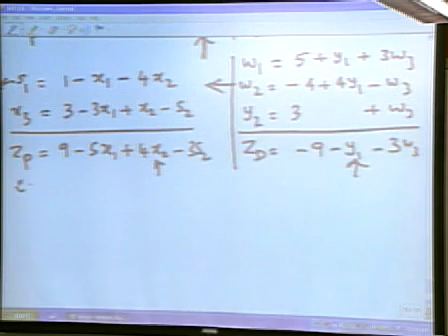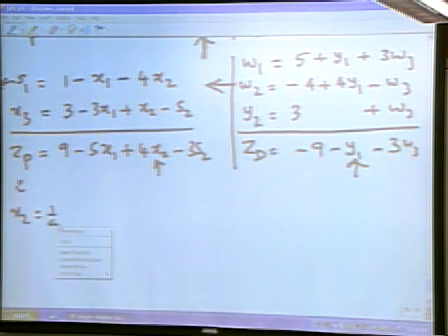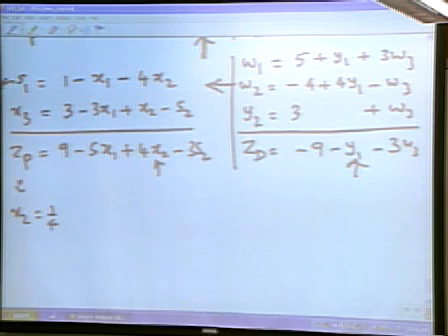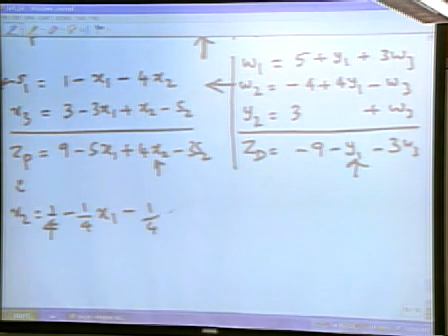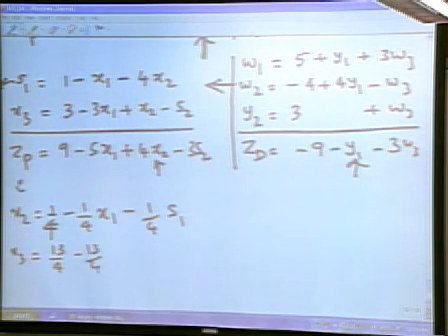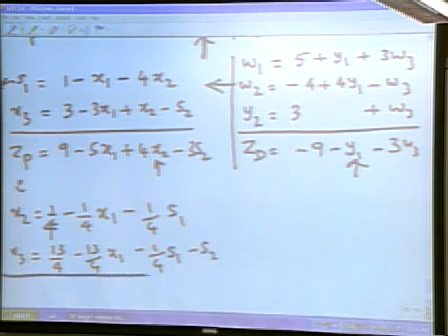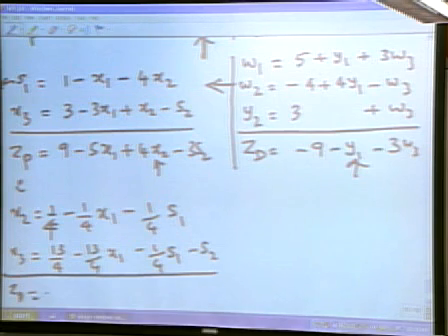From here you end up with x2 equals 1 over 4 minus 1 over 4 x1 minus 1 over 4 s1. x3 equals 13 over 4 minus 13 over 4 x1 minus 1 over 4 s1 minus s2, and you have vd equals 10 minus 6x1.